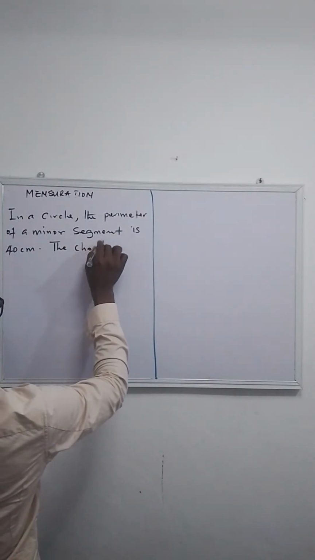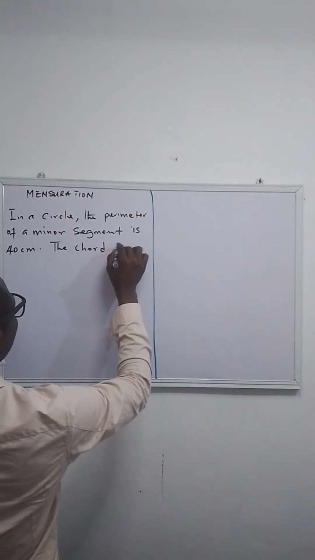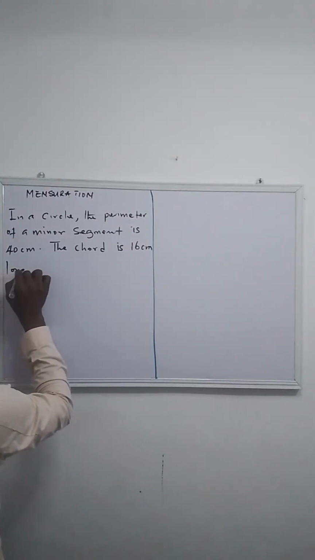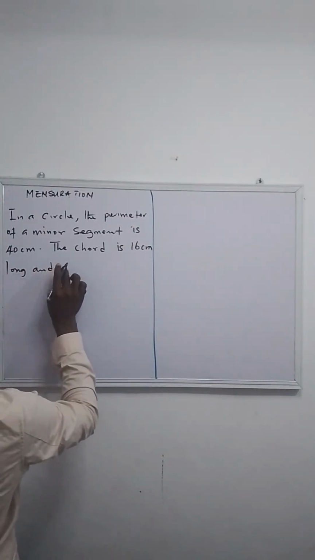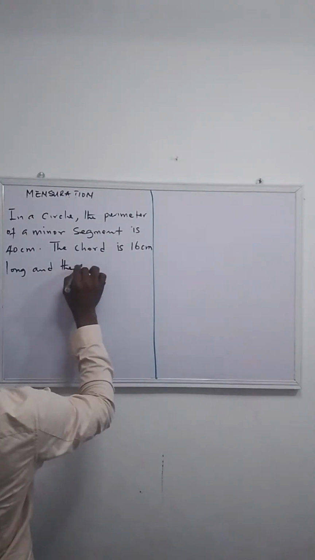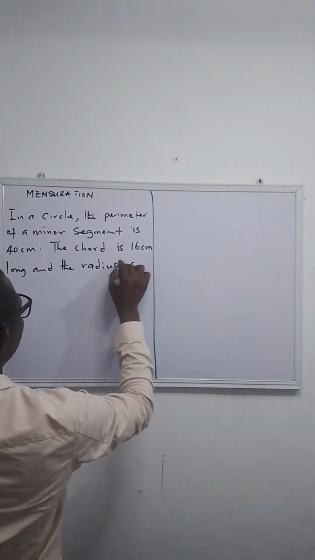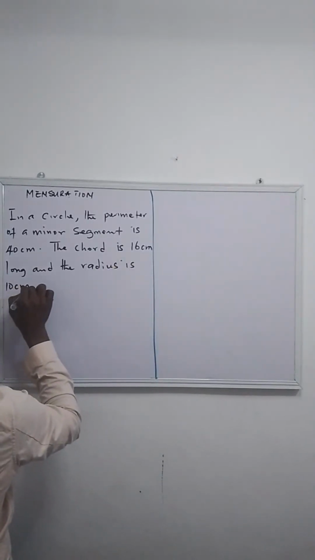The chord is 16 centimeters long, and the radius is 10 centimeters.